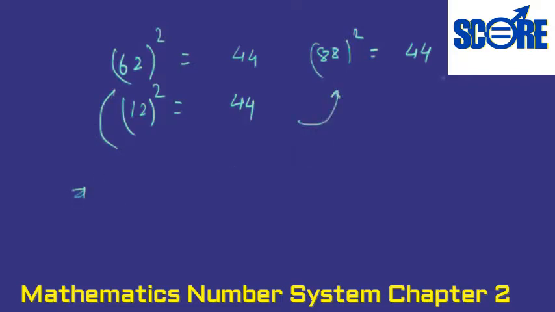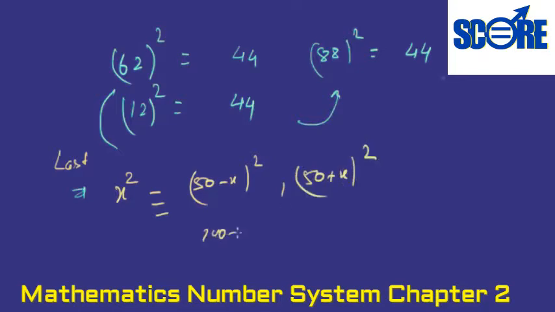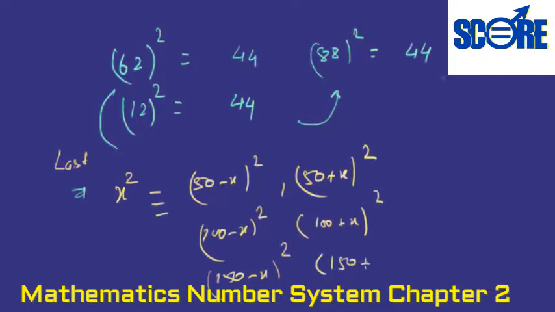So the last two digits of x squared are the same as those of (50 minus x) squared, (50 plus x) squared, (100 minus x) squared, (100 plus x) squared, (150 minus x) squared, (150 plus x) squared, and so on, like 1000 plus x or 3000 minus x.